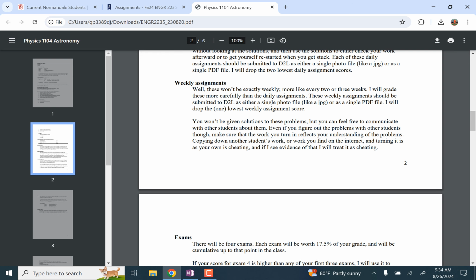The only thing you need to do is the solution that you turn in to me needs to be your own solution. You can talk to people and figure out how you're going to approach it, but then you have to go by yourself and do this problem on your own. To me, that's what it means to understand how to do the problem and to turn in work that's your own.